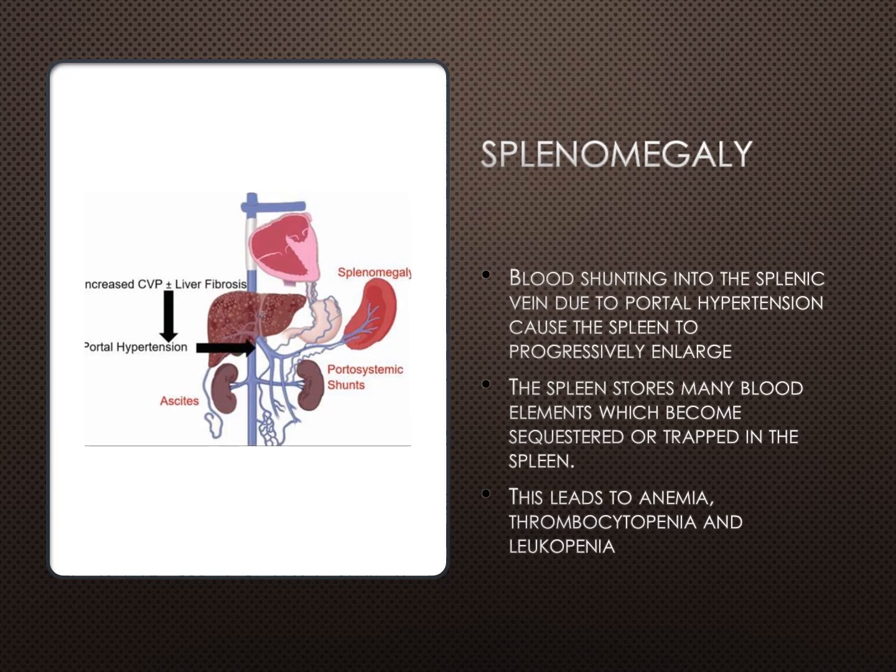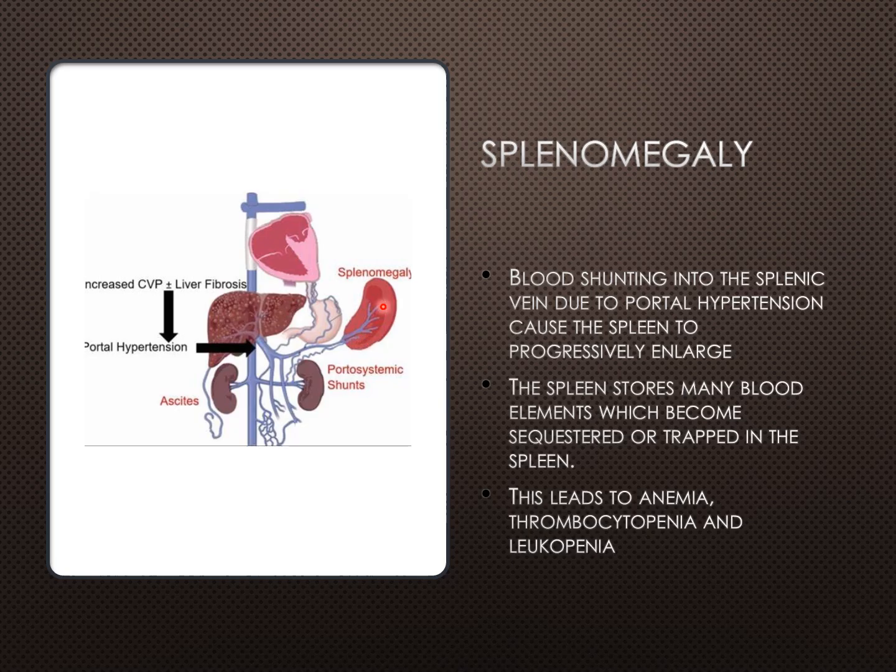Another possible side effect of portal hypertension is something called splenomegaly, or enlargement of the spleen. So when blood starts to shunt into the splenic vein because of portal hypertension, this causes the spleen to progressively enlarge.